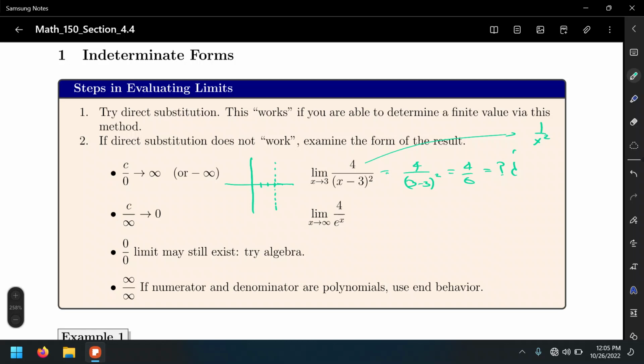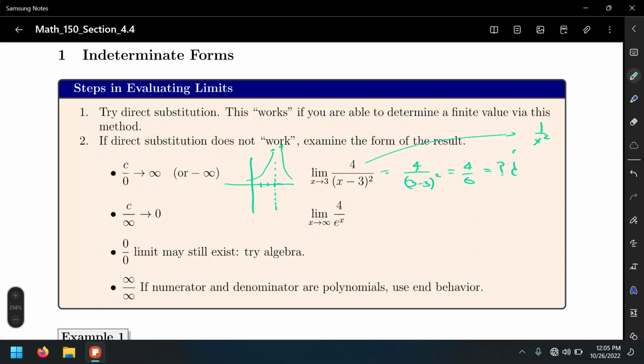Whenever we have an even power in the denominator of this reciprocal function, these two tails of the function point towards the same infinity. In this case, we would need to check the limit as x approaches 3 from the left and x approaches 3 from the right, before we draw conclusions about the limit as x approaches 3.